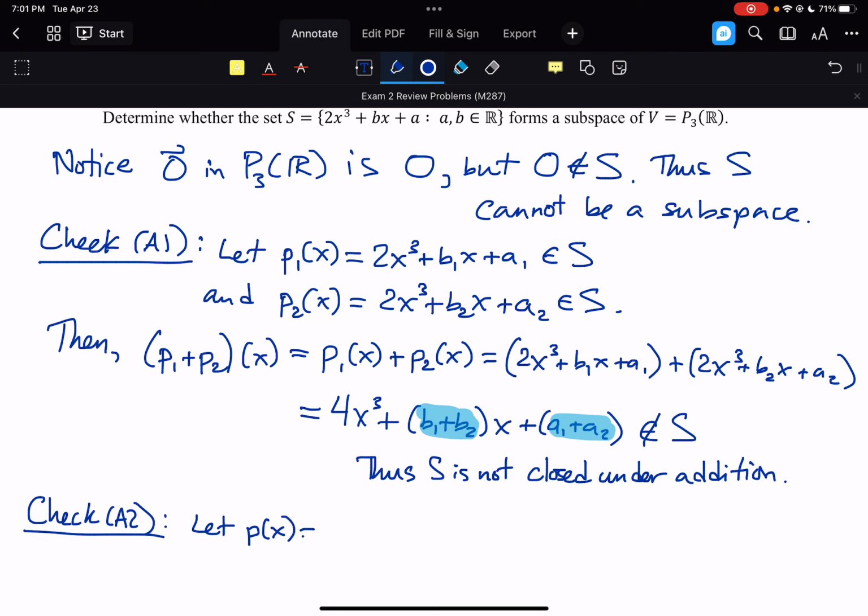So let p of x be 2x cubed plus bx plus a, and establish a scalar. Let k be any real number.